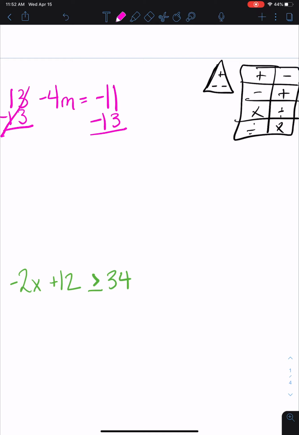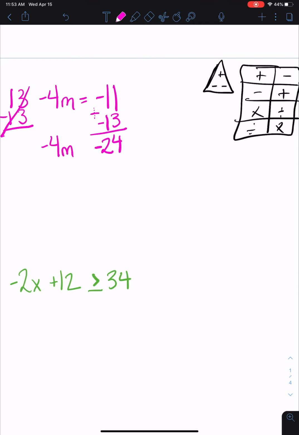I'm going to add the opposite. So instead of subtracting 13, I'm going to add the opposite. So the opposite of positive 13 becomes negative. Now when I'm adding the same sign, I'm going to add. So I'm going to get 24, and it's going to be negative.